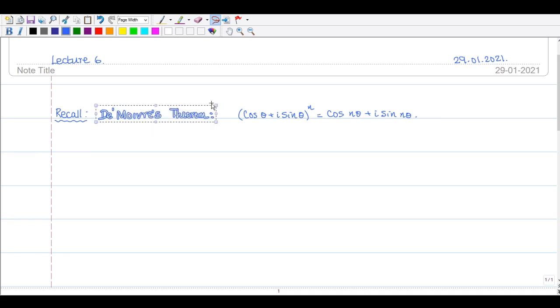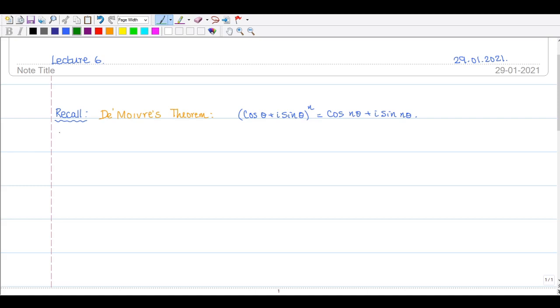Using the theorem we can have beautiful trigonometric identities. Let us see what that is. For example, I would like to find cos 2 theta. We have studied these as formulas.